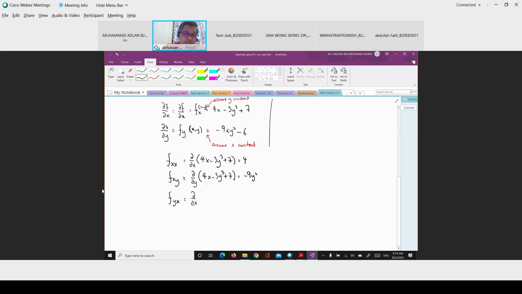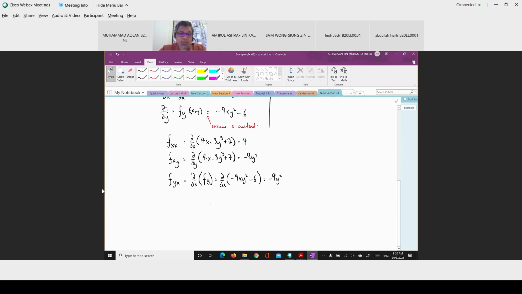This means we want to calculate the partial derivative of f partial y with respect to x. We found earlier f partial y is minus 9xy squared minus 6. So what is that? It's minus 9y squared, yes.